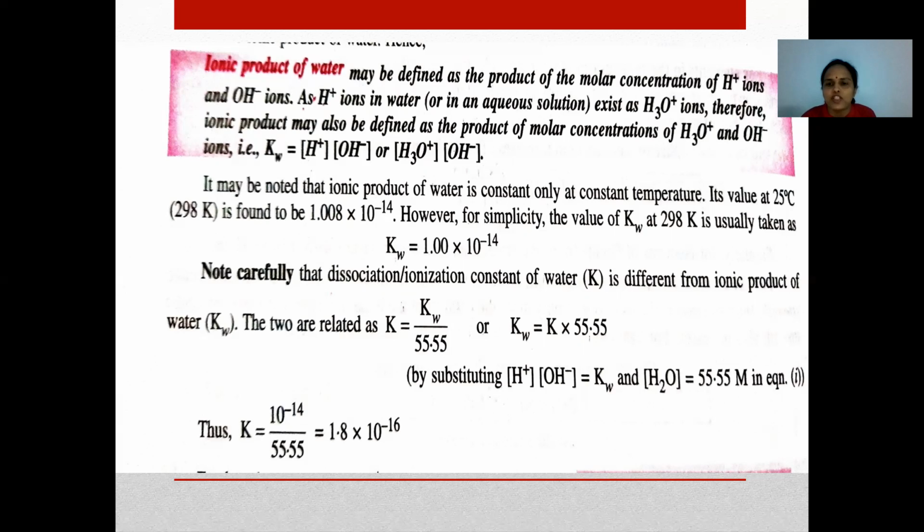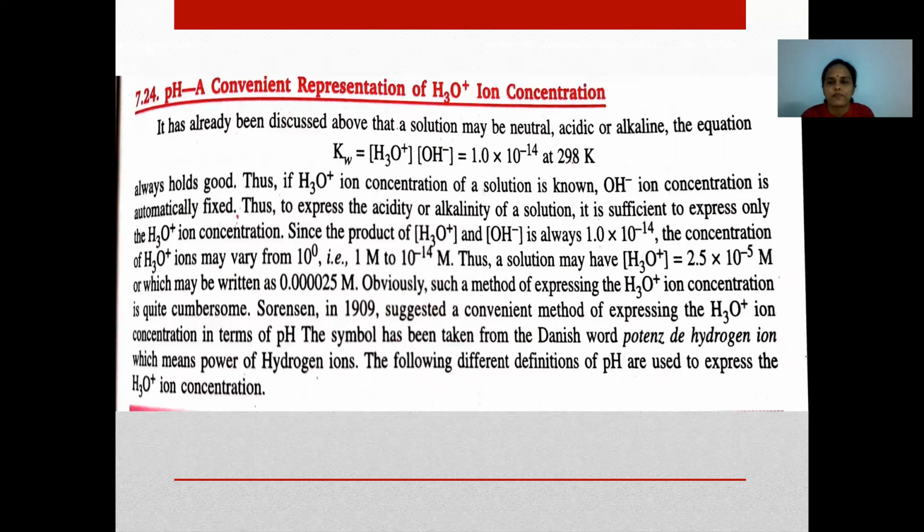By substituting H plus into OH minus equal to Kw and H2O as 55.55 in equation 1, we get K equals 1.8 into 10 raised to minus 16 respectively. So ionic product of water is defined as the product of molar concentration of H plus and OH minus ions.